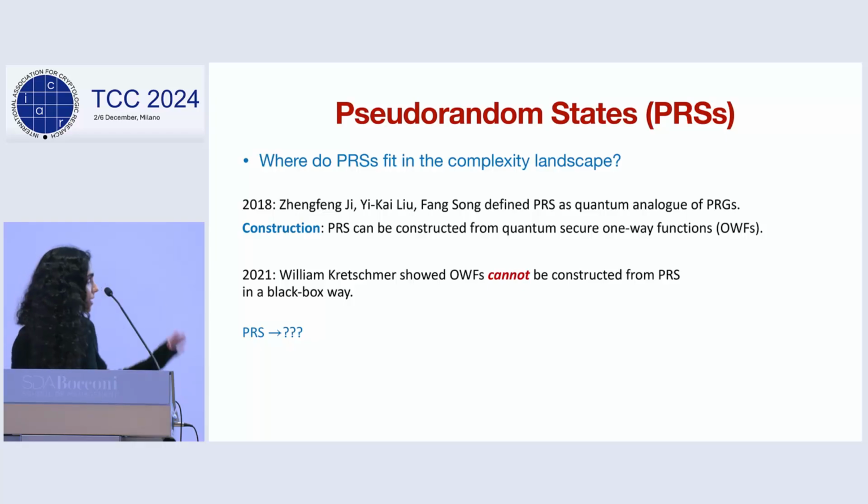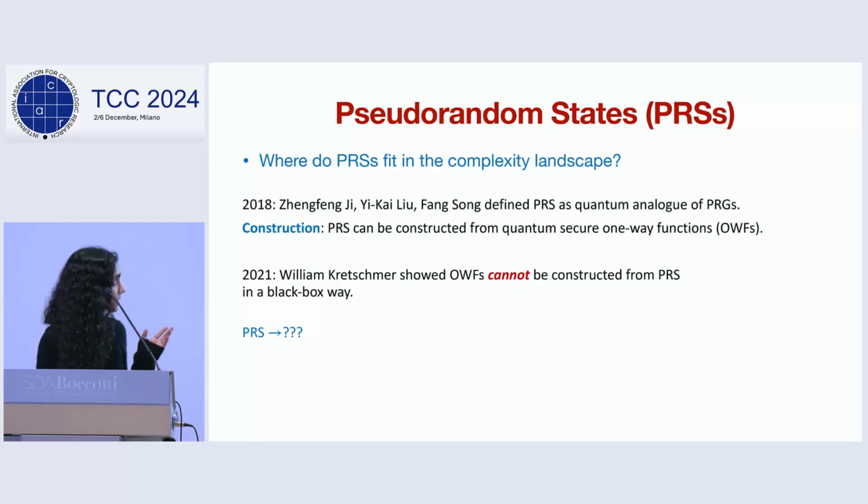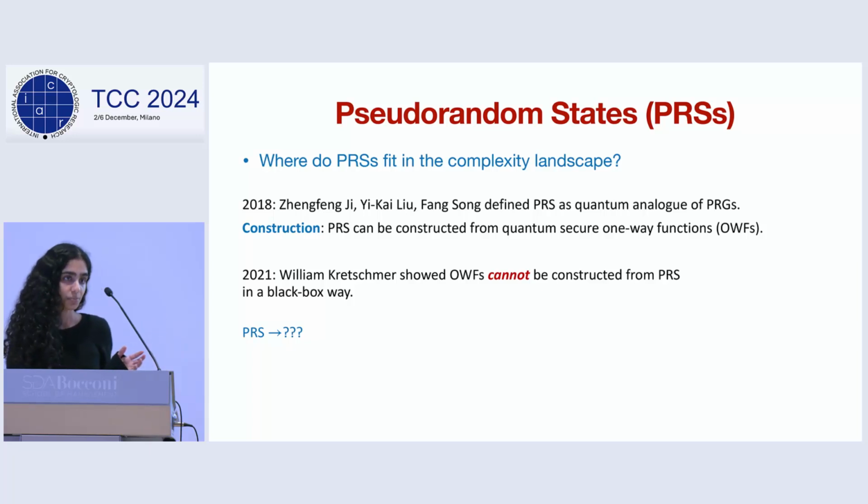In other words, he showed that there exists an oracle relative to which pseudorandom states exist, but quantum secure one-way functions don't exist. So this is why pseudorandom states are in MicroCrypt, because this means they're potentially weaker than one-way functions. But it turns out we can do a lot of interesting quantum cryptography from them, and the question that this work contributes towards is, where do pseudorandom states fit in the complexity landscape?